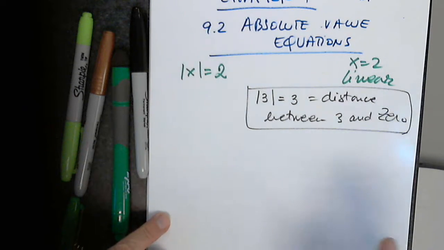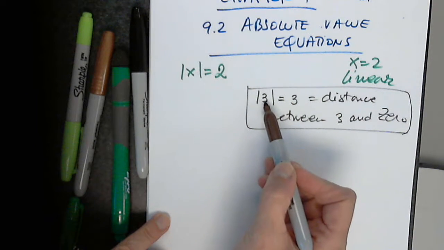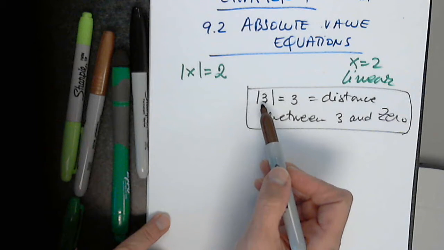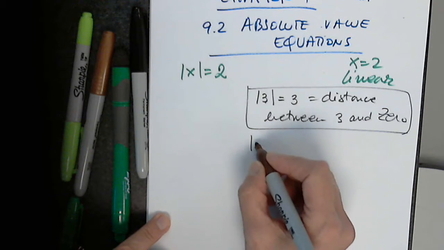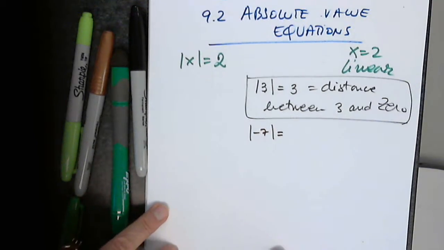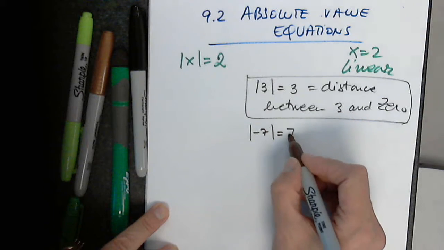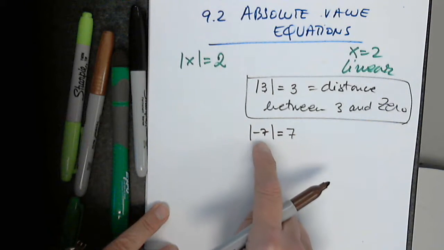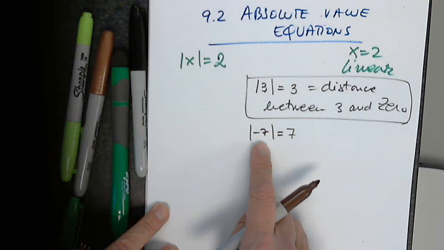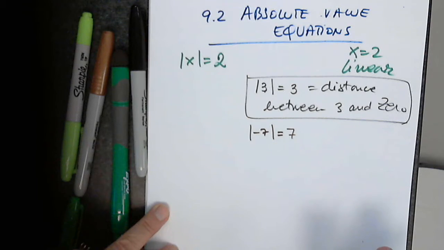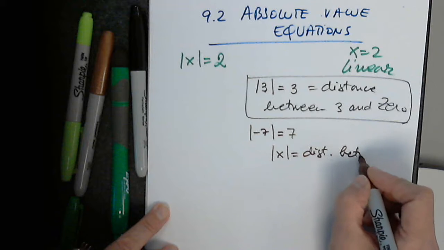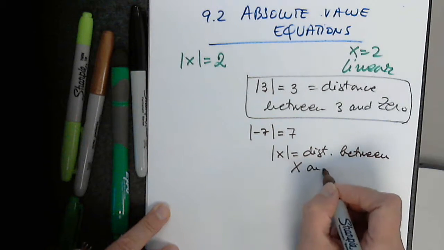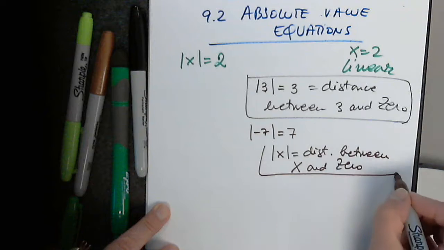But the absolute value of 3 is 3 because 3, this one, inside the absolute value bars, is found 3 units away from 0. What about the absolute value of -7? What would you say? Why? Because -7 is found 7 units away from 0. Excellent. Is that clear? So by definition, the absolute value of x is the distance between x and 0, whatever x is.